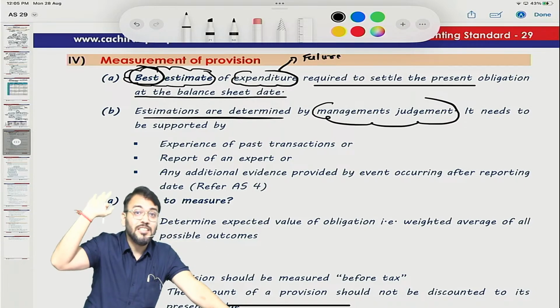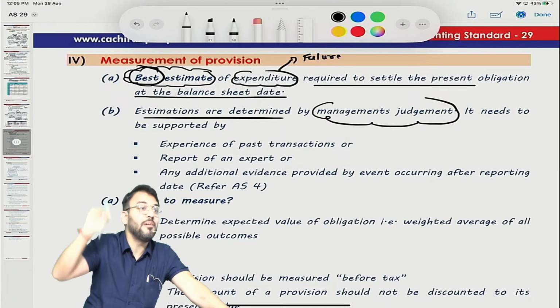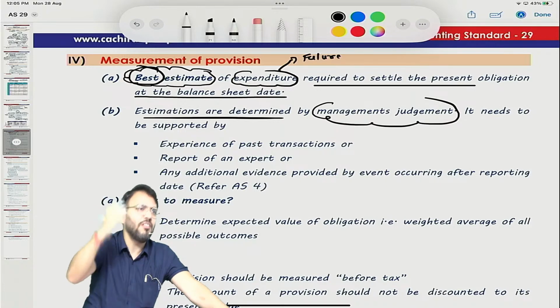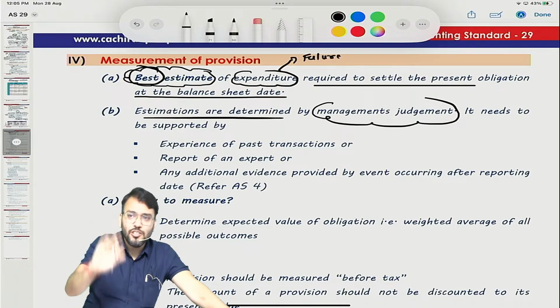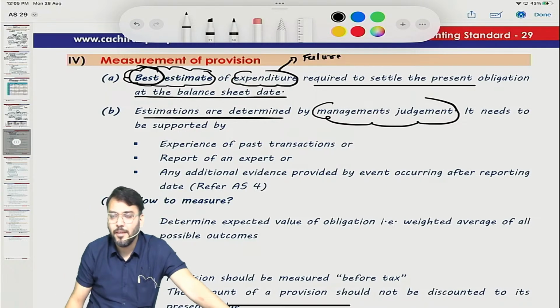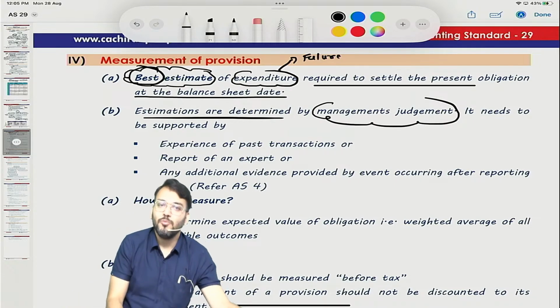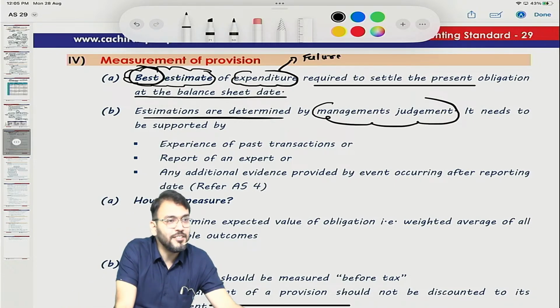So you say, sir, look, in the past test paper I scored 99 in your exam only, conducted by you only. So I will score 99. What is wrong in that? So it should be supported by some evidence or not. So what AS 29 is saying is that the estimation is based on management estimation, but it should be supported by some evidence.